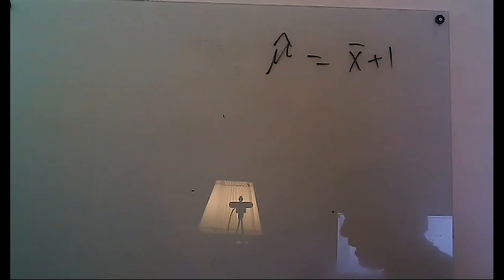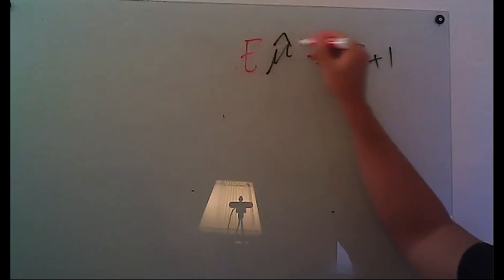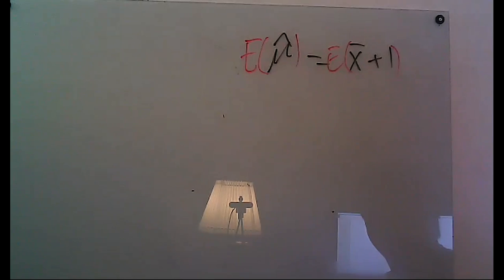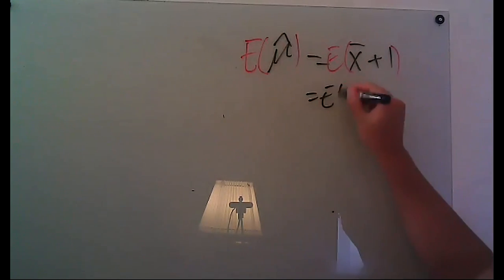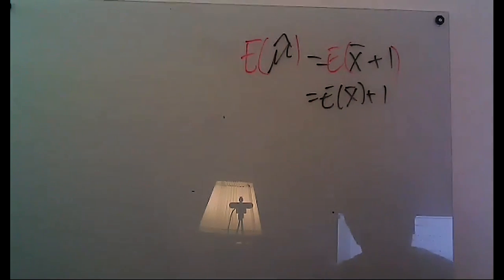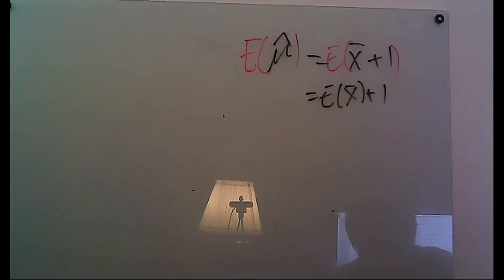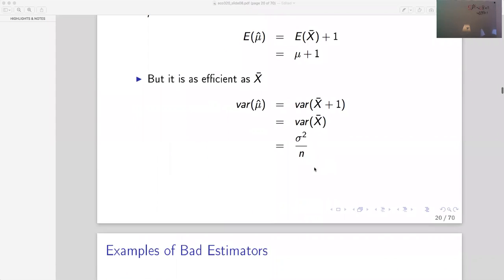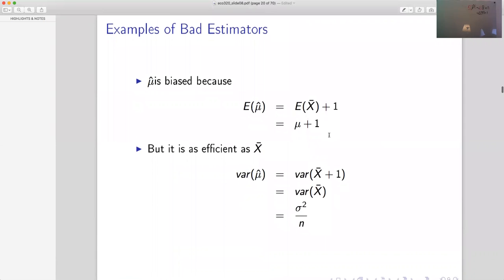So take the expected value on both sides. The expected value of X bar plus 1 equals just the expected value of X bar plus 1. So this is how we derive it. But it is as efficient as this one, since this equals this. So as you can see, there are some trade-offs.